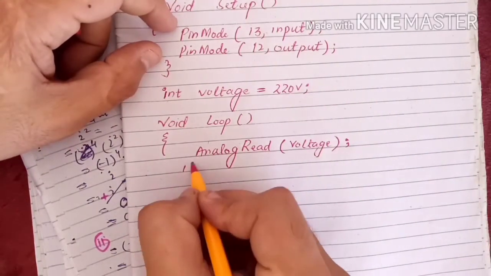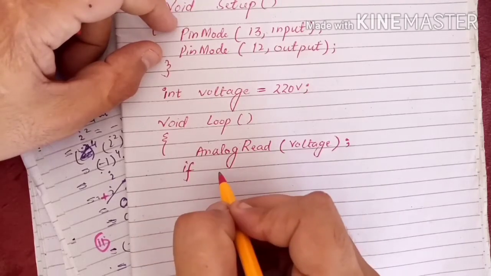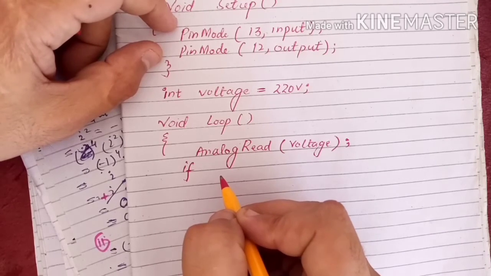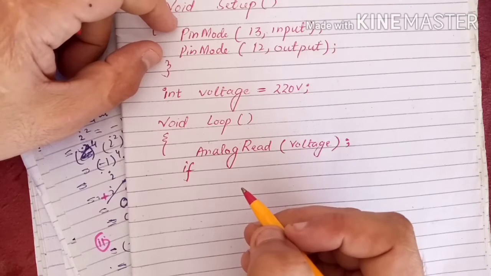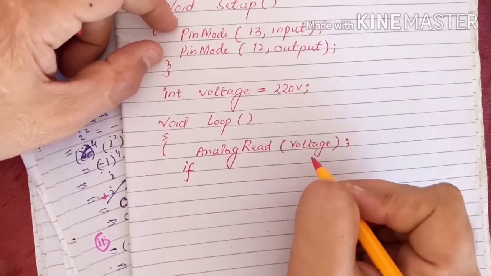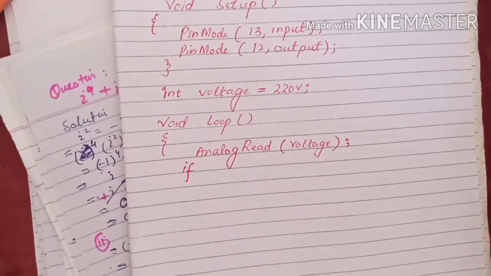So we write analogRead and then voltage in the brackets. That syntax you should know. The if statement is just the implementation of the possibilities you have in the circuit, or the choice you make from the supply. That's why we used an if statement here.